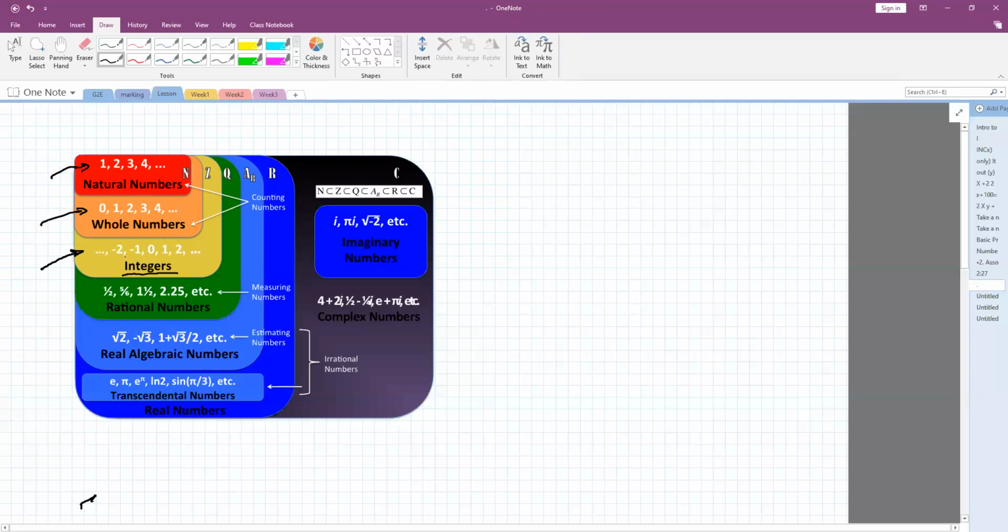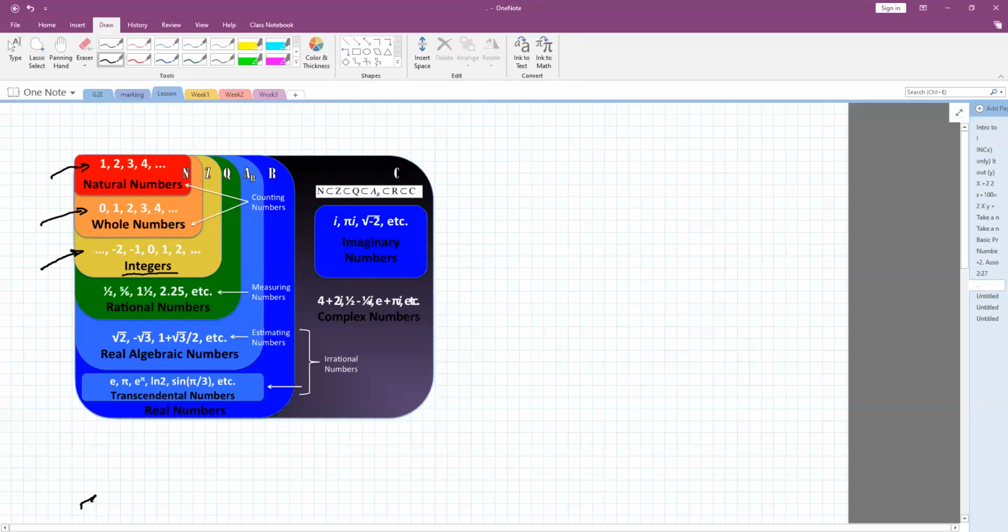What happened is, from natural numbers to whole numbers, you just include 0. Now from whole numbers to integers, you will include the negative numbers.